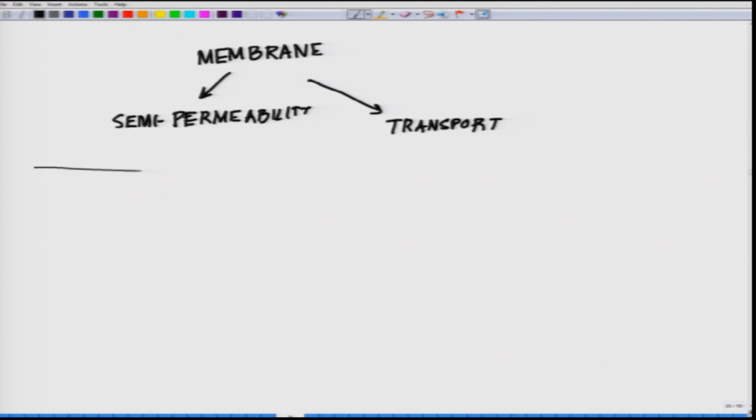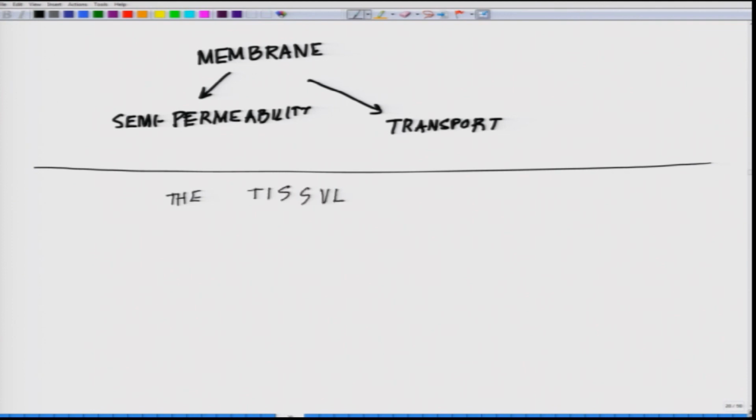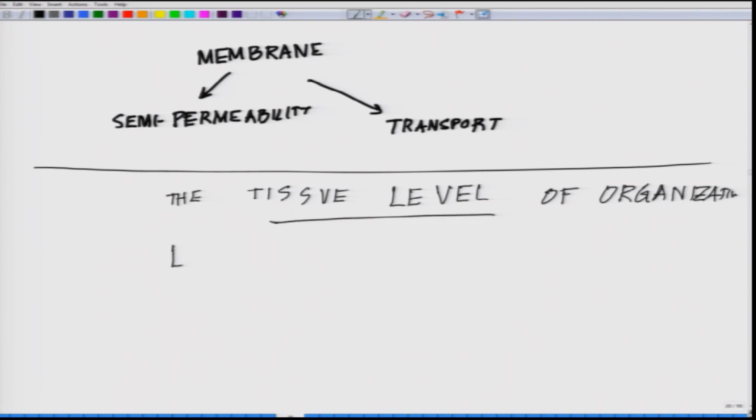If this is the cellular level of organization, the last and final level of organization I wish to highlight here is that these cells form different kinds of tissues, which is called the tissue level of organization. At the tissue level, there are 4 different kinds of tissues we deal with mostly.